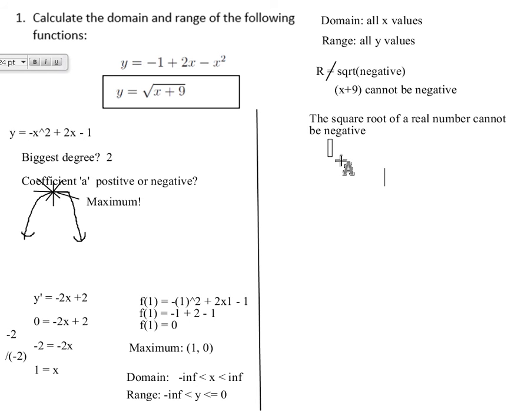So therefore, y. Do those two things make sense to you based on your understanding of how square roots work? Cool, sweet. So that's basically all we need to know.